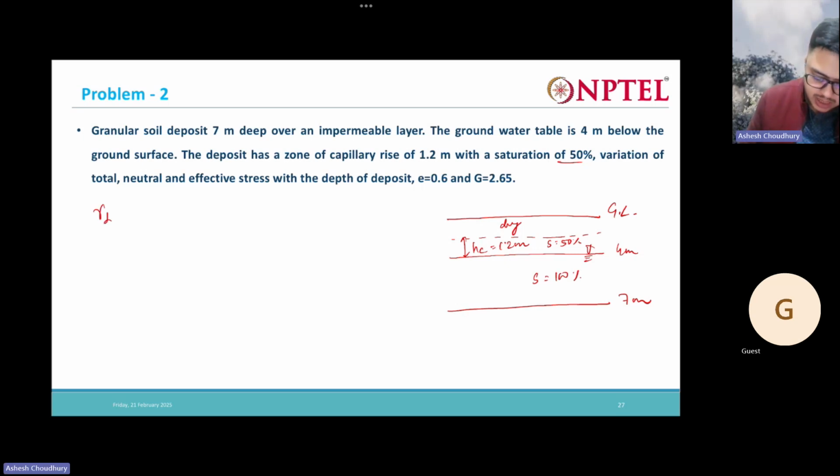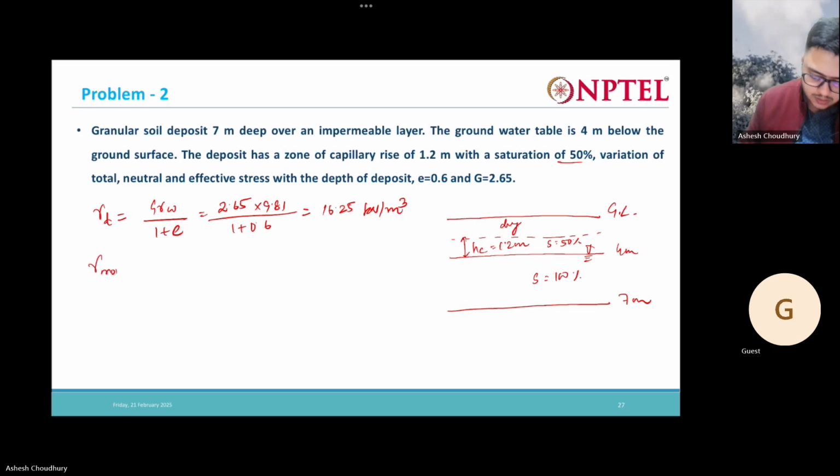So first let us find the dry unit weight and moist unit weight.